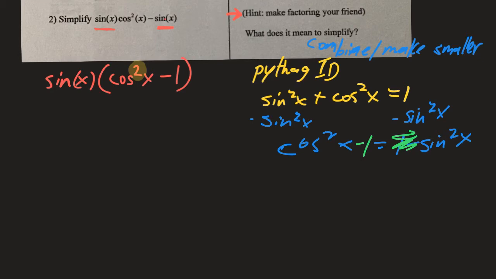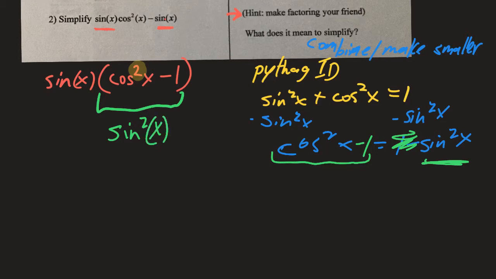And you're going to see it's going to match up perfectly with what I already know. So if I plug this in, I'm going to say cosine squared x minus 1 is equal to negative sine squared x. So I'll take this section and we're going to replace it with negative sine squared of x. And that is still being multiplied by this sine x on the outside. And now I'm like, wait, can I combine those two together? They're all sines.